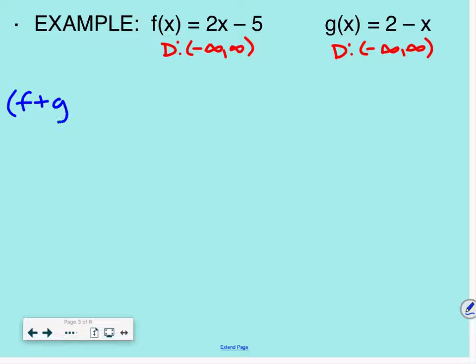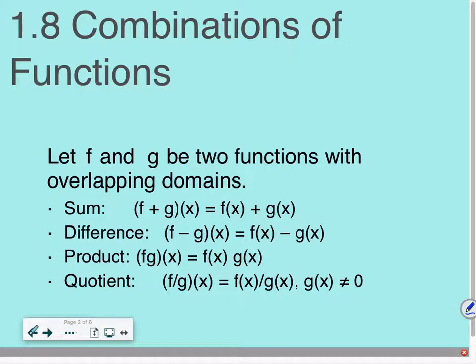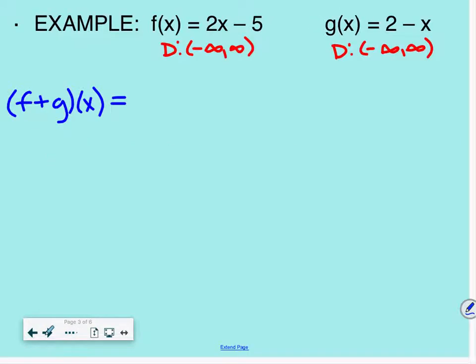Okay, f plus g of x. That's the notation I had written over here, right? F of x is 2x minus 5. And we're going to add g of x.